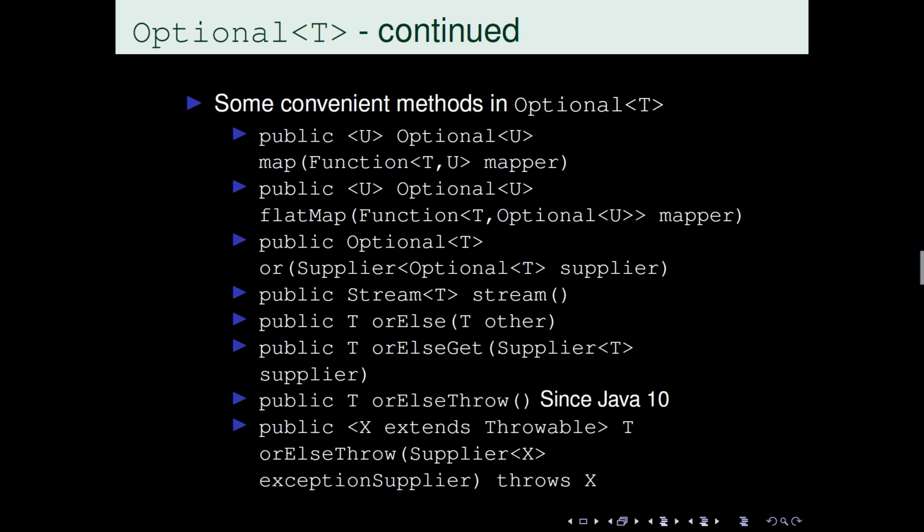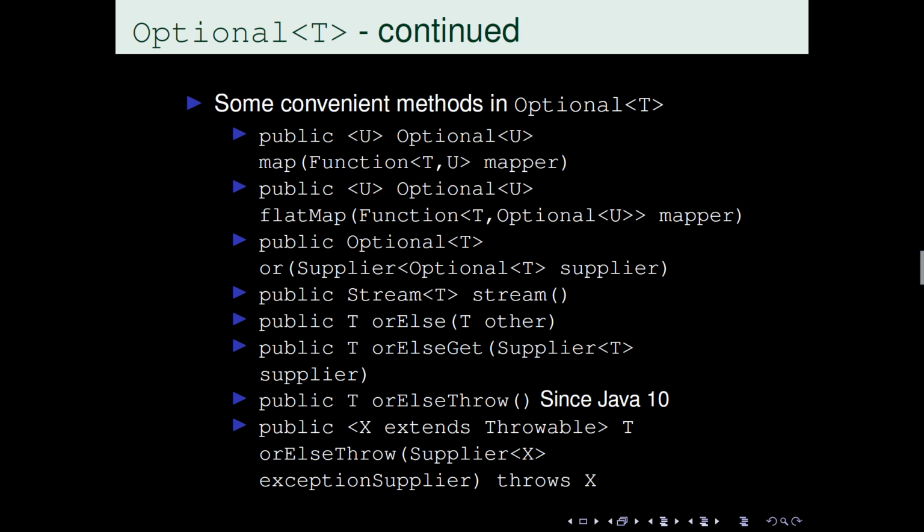The difference between map and flatMap is, in the case of flatMap, the function takes as input your element in the optional object, but is returning an optional of U. In the earlier case, the function was returning U. That's the main difference.